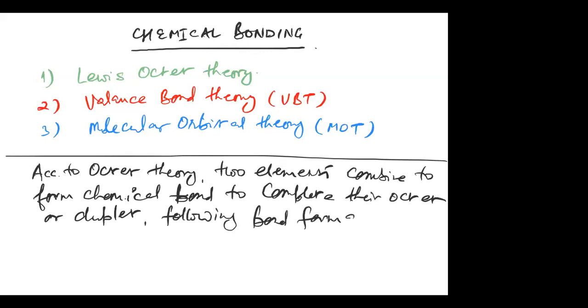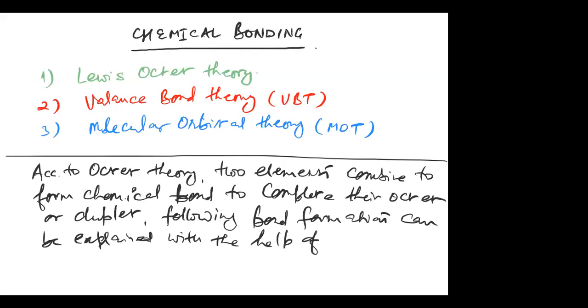with the help of Octet theory. Let's say the first bond is going to be ionic bond.